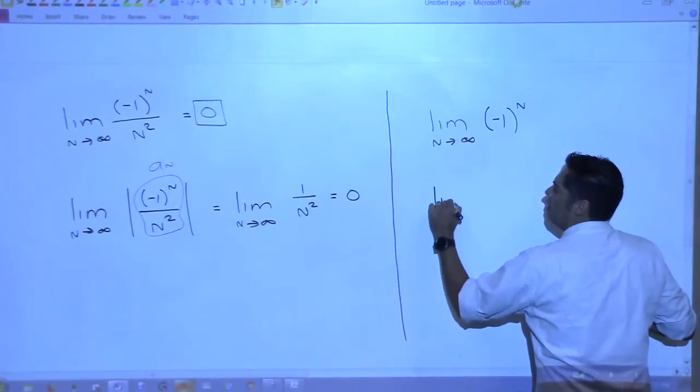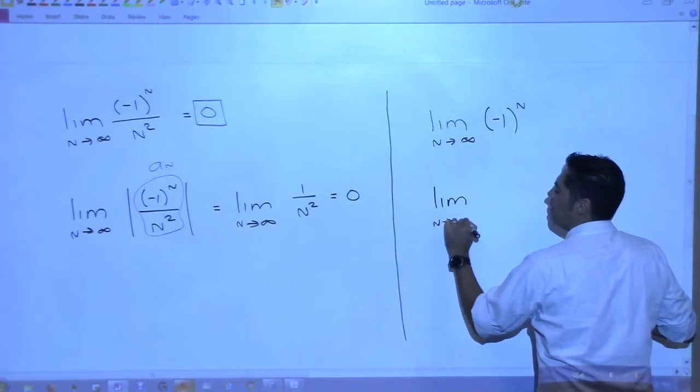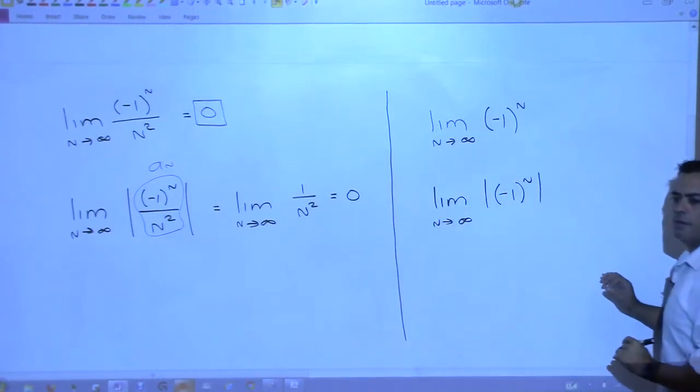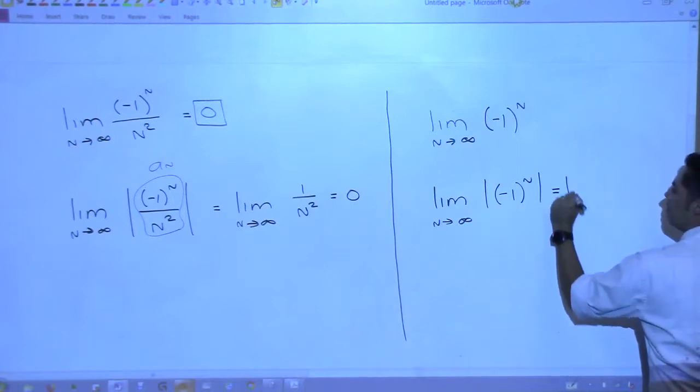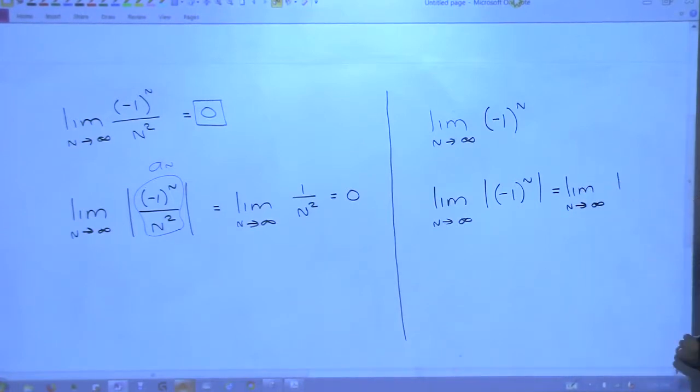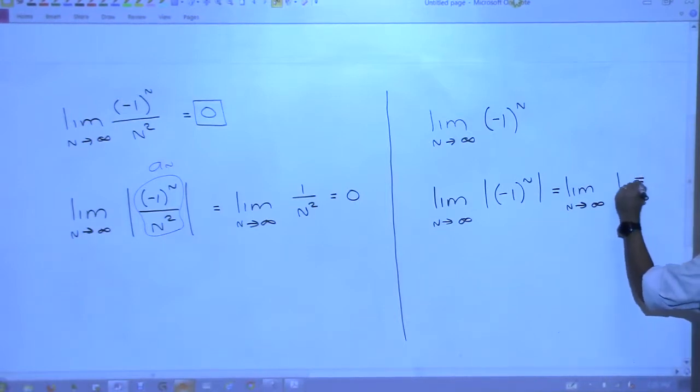So I take the limit as n goes to infinity of the absolute value of this, right? But then I get the limit as n goes to infinity of 1, right? Now, that means your sequence is just 1, 1, 1, 1, 1, 1 the whole time, which converges to 1. It's always 1, yes? So your answer is 1 here.